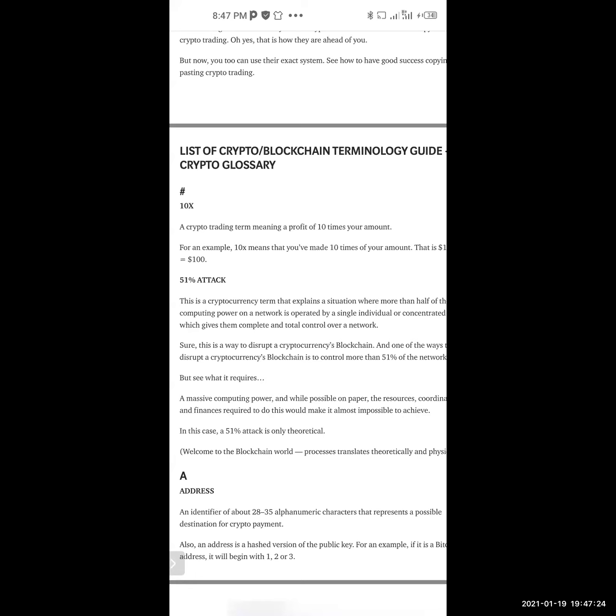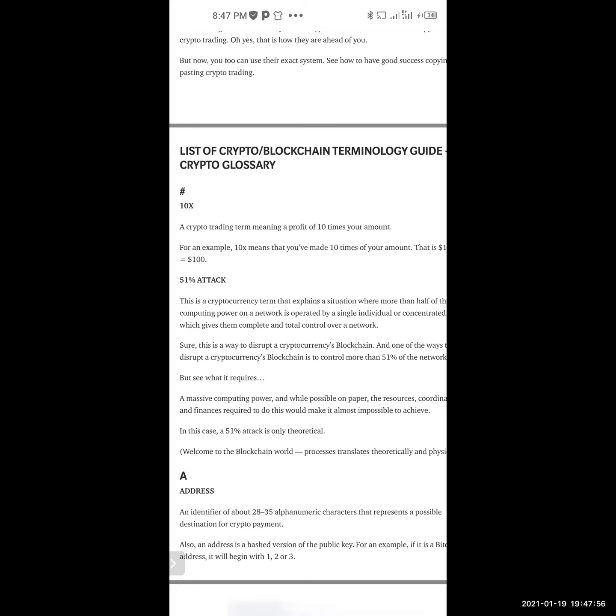For example, there is a coin I bought, Injective Protocol. I bought the coin at less than $1, about $0.9 or so, and then I set my sell target at $3. And then today that coin is at $10. So for example, if I had left the coin and sold at $10, I would have made a 10x profit.